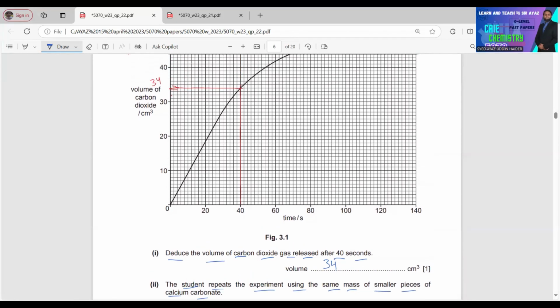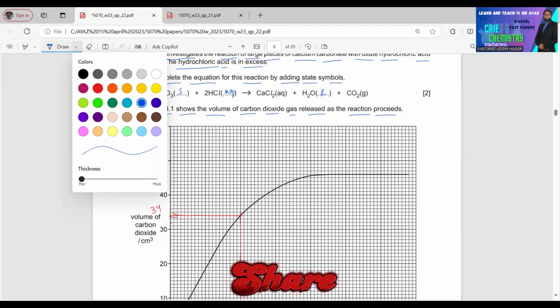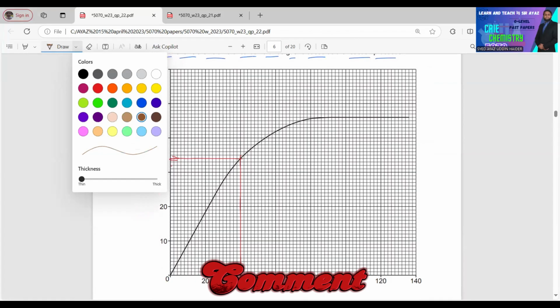Now this time they are using smaller pieces, so reaction must be fast. So initial gradient must be steeper. You will start from 0. So initially you are having steeper gradient, and the final volume must be forming a horizontal line.